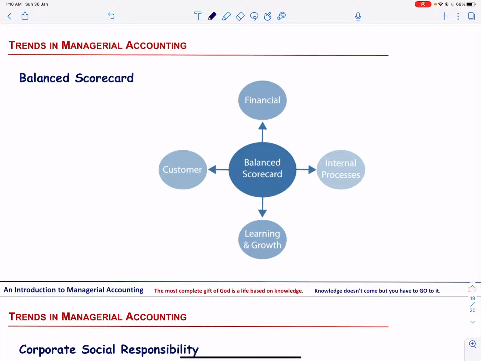Balanced scorecard: using business practice innovations too enthusiastically may be detrimental to the business. For example, if the manager focuses too much on total quality management, then it may adversely affect the cost benefit consideration.